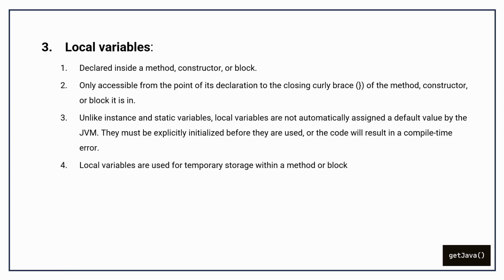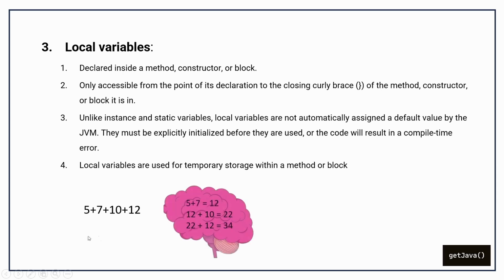Think of it as if someone comes to you and asks you to calculate 5 plus 7 plus 10 plus 12. Now in your mind you will create a scratch pad. You will calculate 5 plus 7 equal to 12, 12 plus 10 equal to 22, 22 plus 12 equal to 34, and then you will give the answer as 34.